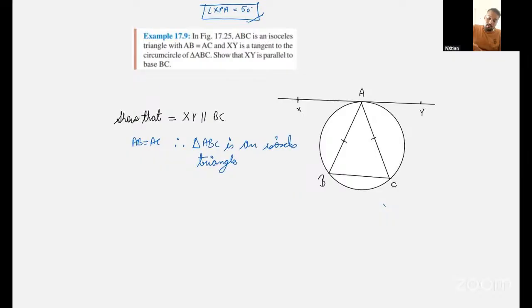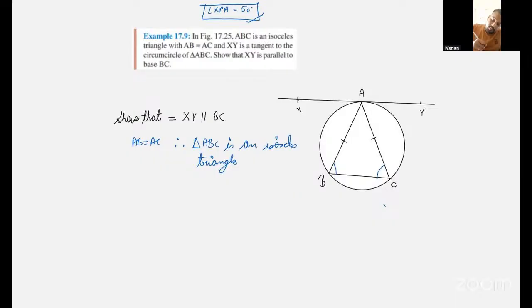For example, everyone please pay attention. This is a side, and what is the opposite of it? This one. And this is the side which is equal to this side. And what is the opposite angle? This one. So this is a property of an isosceles triangle, that angles opposite the equal sides are equal.